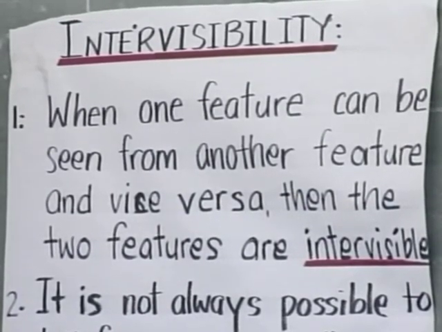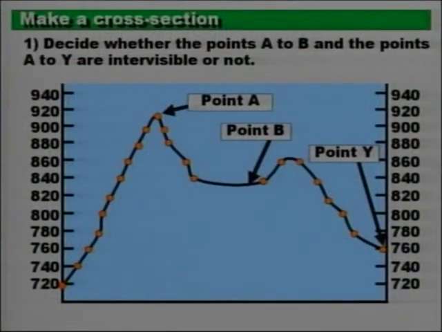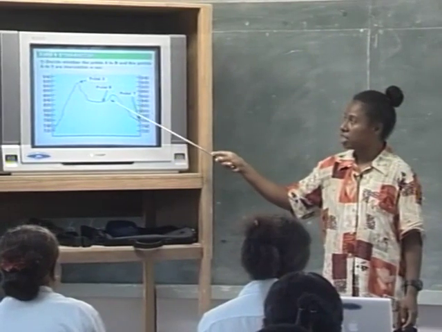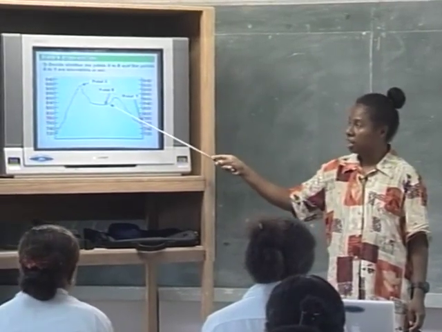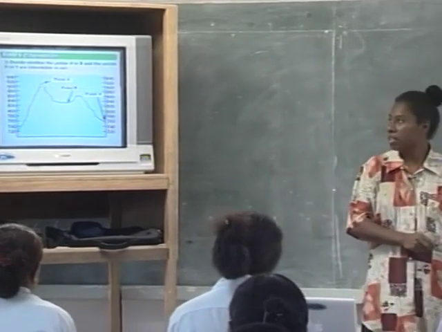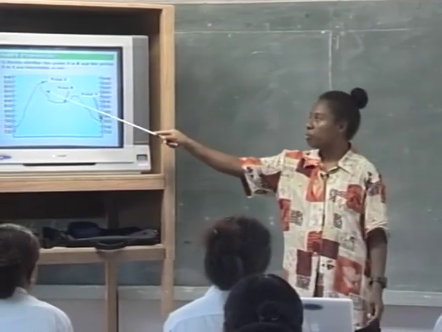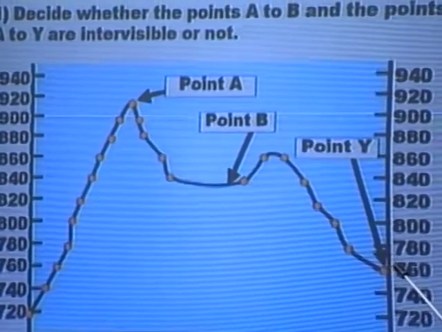Let's look at the other cross-section map that you constructed some time back, looking at from X to Y, and we can refer also to the monitor. Very quickly, let's check to see. If we are standing at point A and somebody is down at point B, is A to B intervisible? Yes, definitely. How about from point A to point Y?